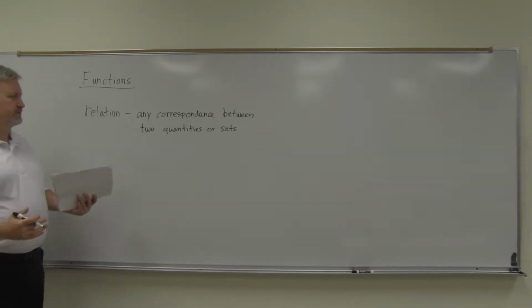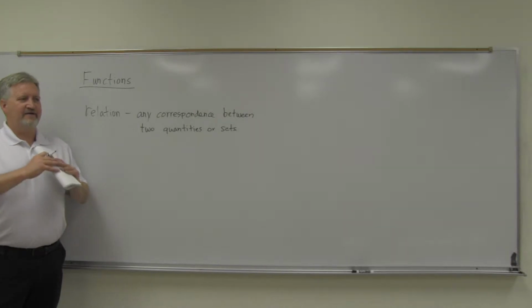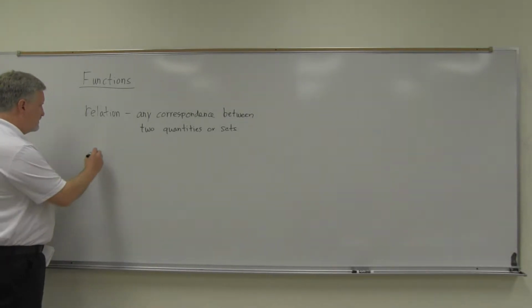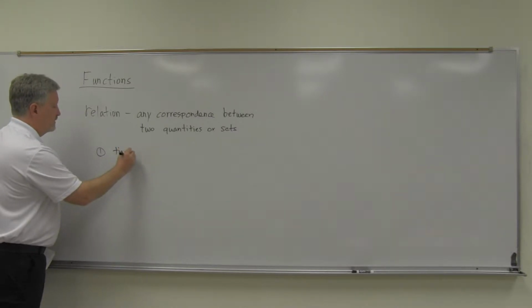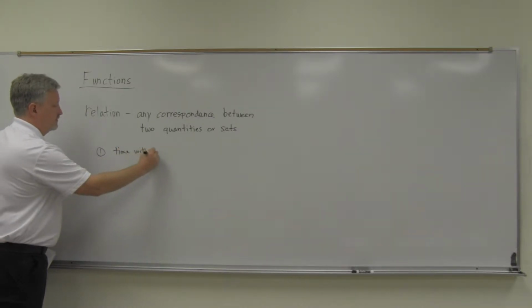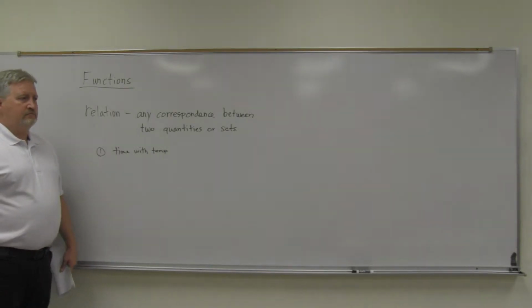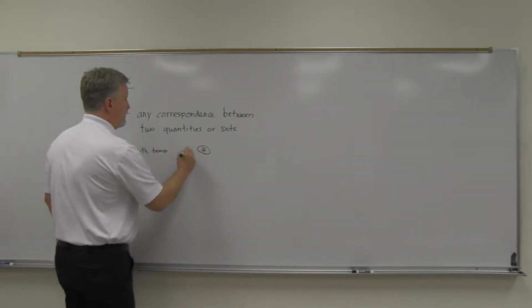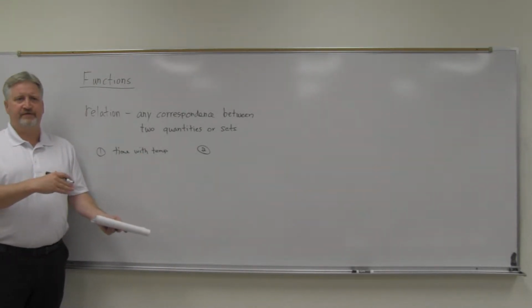Any correspondence between two quantities or sets. That's a correspondence. Like I said, that can be like two examples here: time with the temperature at that particular time. That would be a relation. You got your time and then the temperature at that particular time.